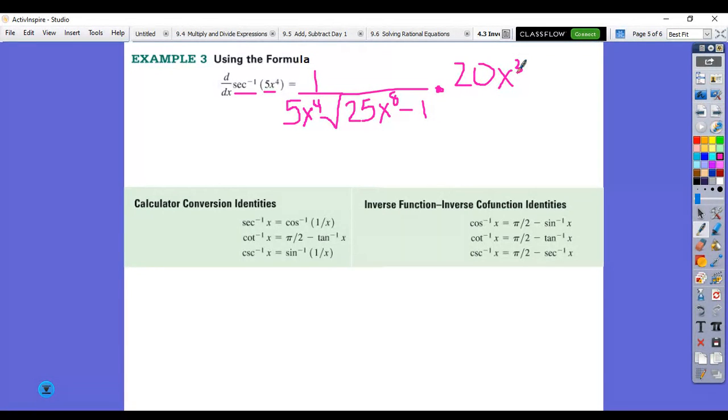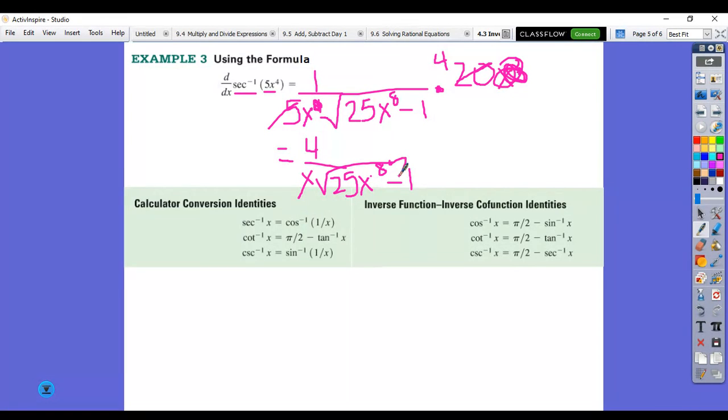Now this is all being multiplied, so this 5 can go into the 20 4 times. If I have 3 x's on the top and 4 on the bottom, these 3 take away 3 of the 4 on the bottom. So I'm left with 1 times 4, so 4 over x times the square root of 25 x to the 8th minus 1.